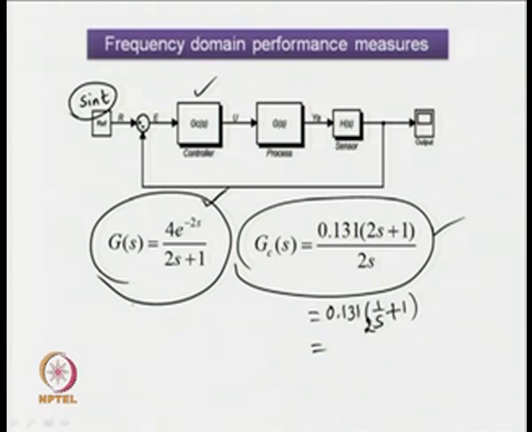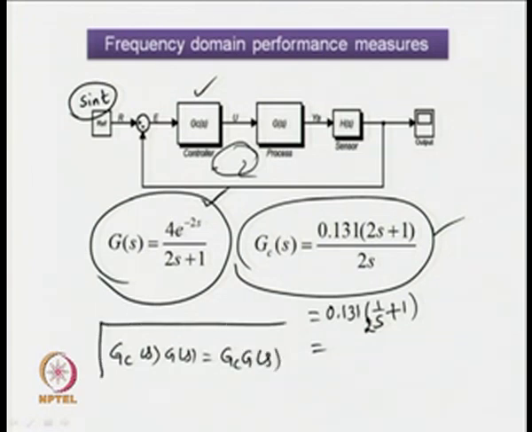What is the loop gain of this system? The loop gain of the system can be given as G C S G S, which can again be written as G C G S. So, this gives the loop gain of the closed loop system.